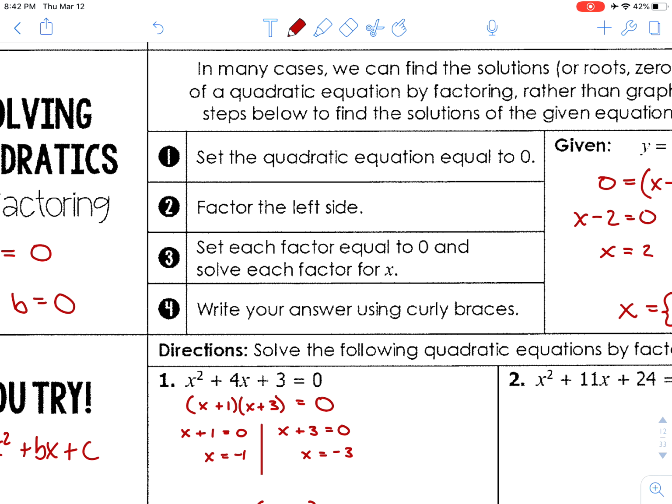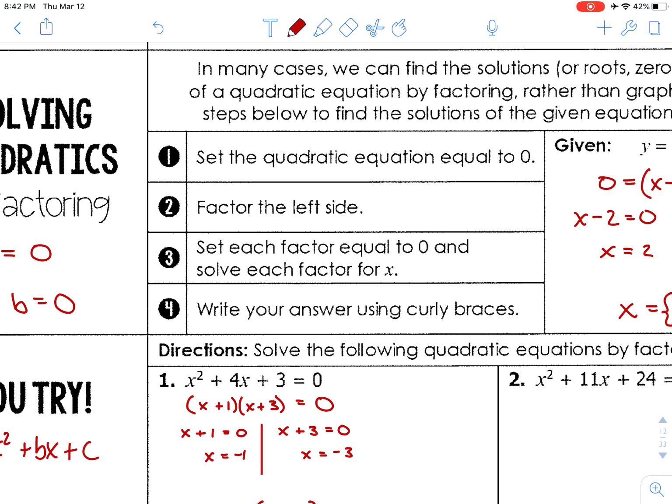One thing I want to point out is here in step 2, the guided notes tell us essentially to move everything to the left side. So you have the quadratic on the left equal to 0 on the right. You don't necessarily have to move it to the left. It doesn't really matter if it's on the left or the right. The one thing I would tell you is ideally you want to move it to whichever side is going to give you a squared term that is positive.